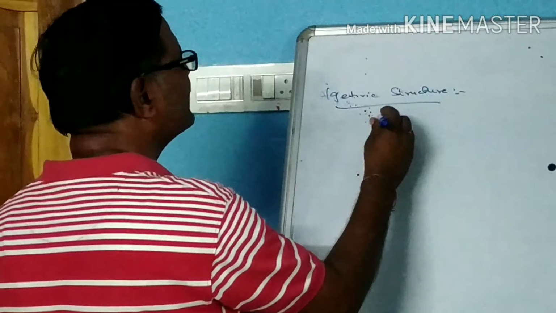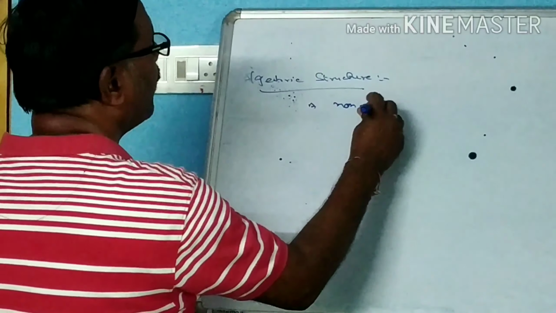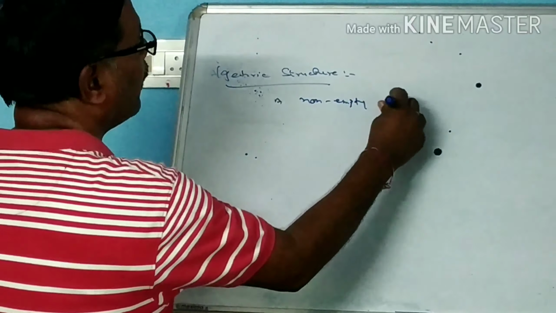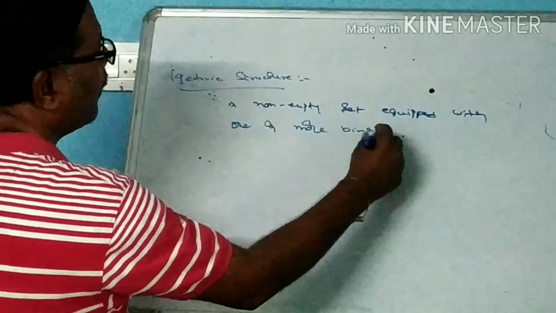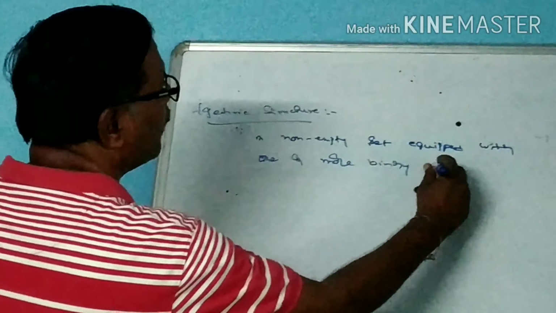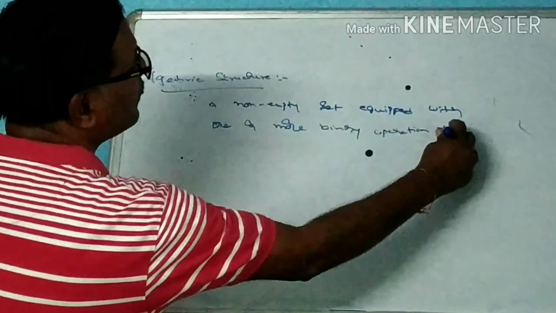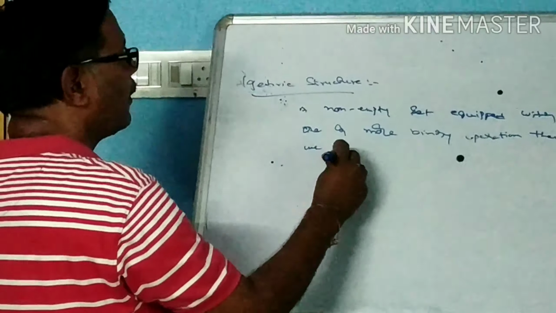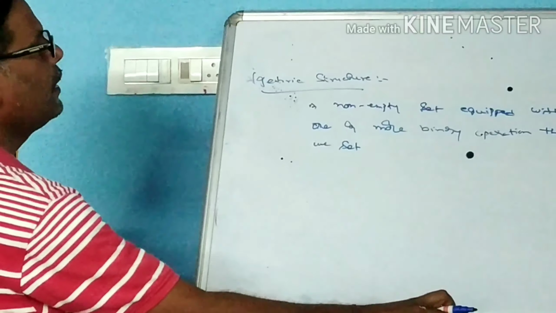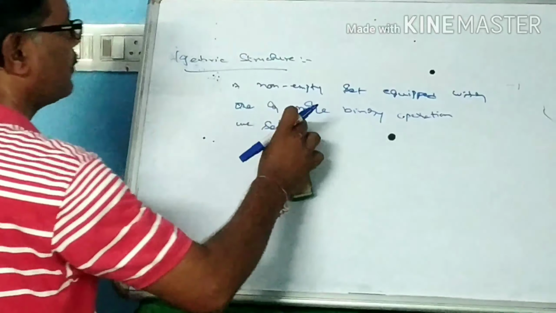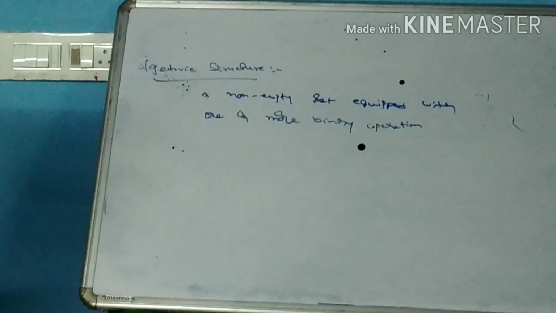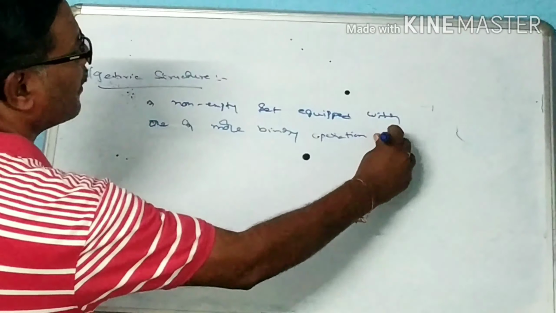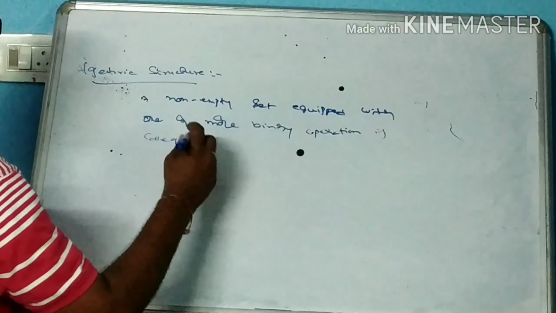A non-empty set equipped with one or more binary operations is called an algebraic structure.